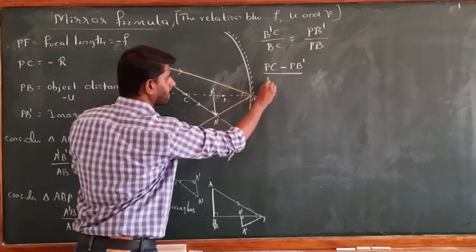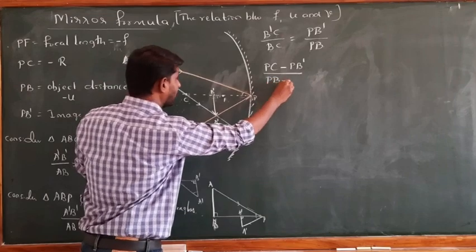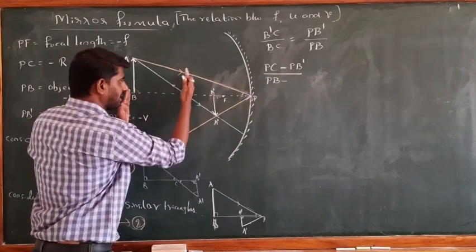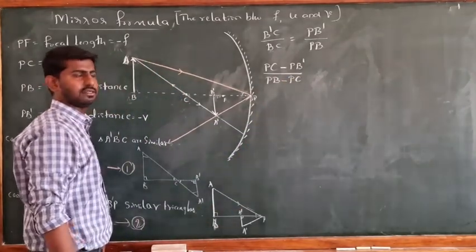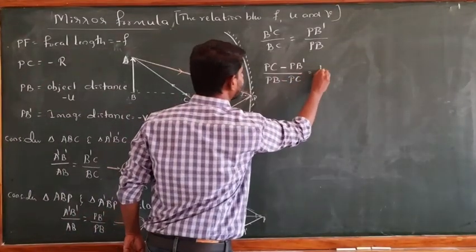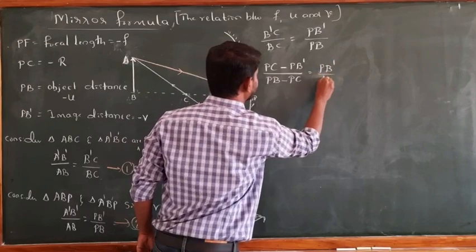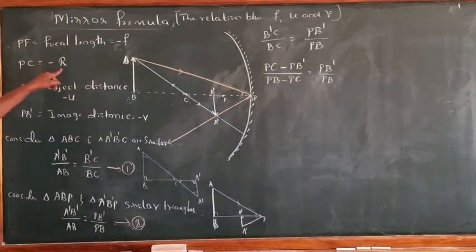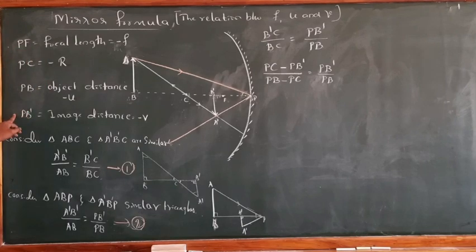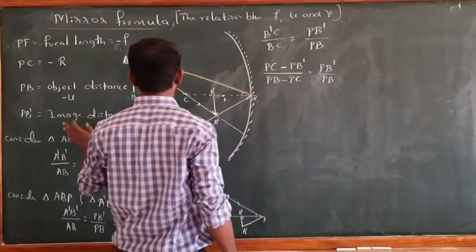First take PB minus PC, and the RHS is as it is, PB dash divided by PB. You know the value of PC, PB and PB dash, so substitute these values.